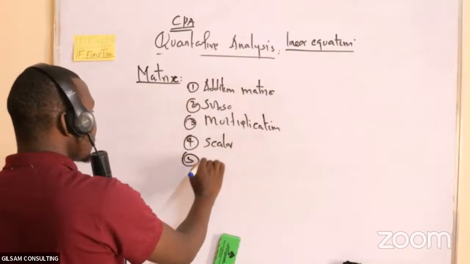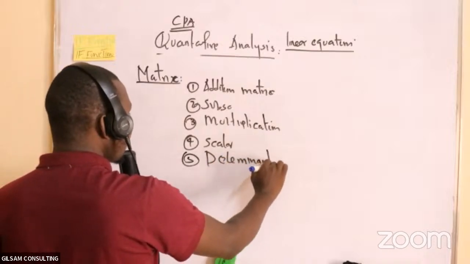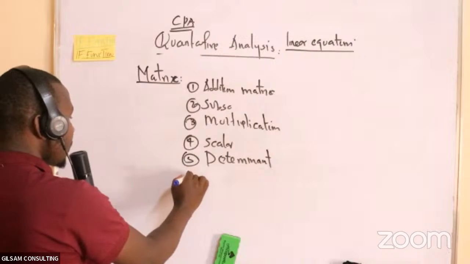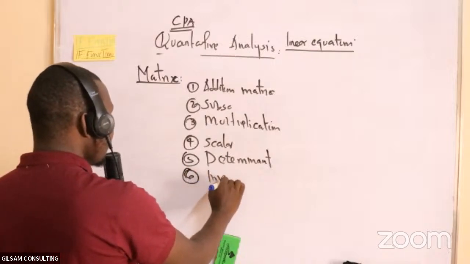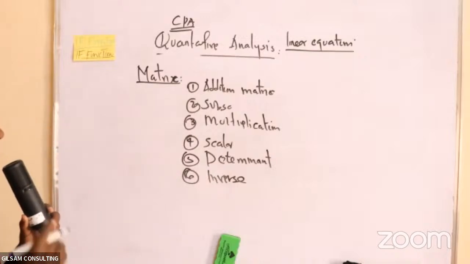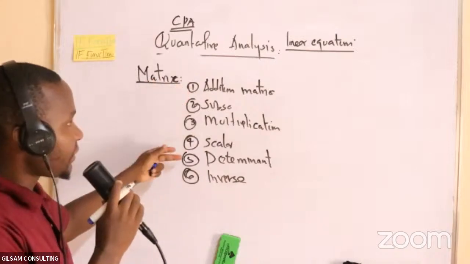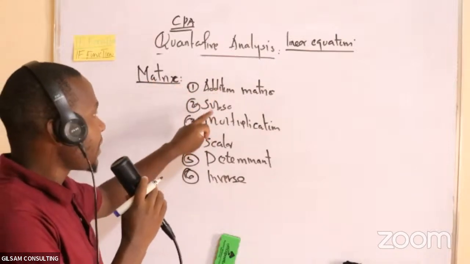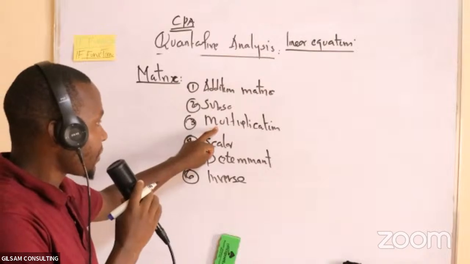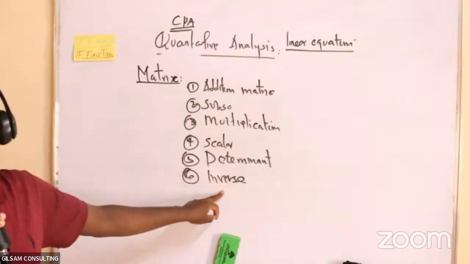You also need to know what a determinant is. You also need to know the inverse of a matrix. So these are the concepts we are going to apply in matrix form: addition, subtraction, multiplication, the scalar, the determinant, and the inverse matrix.